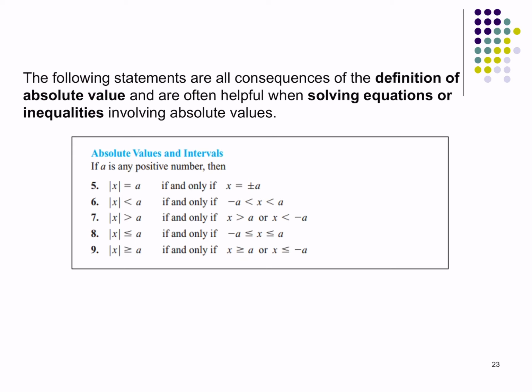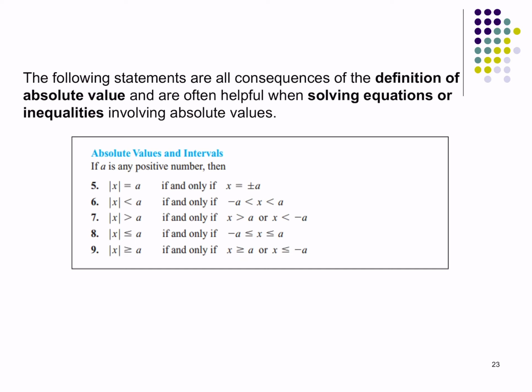And the last rule for the absolute value, rule number 5, is that the absolute value of x is equal to a if and only if x is equal to plus or minus a.